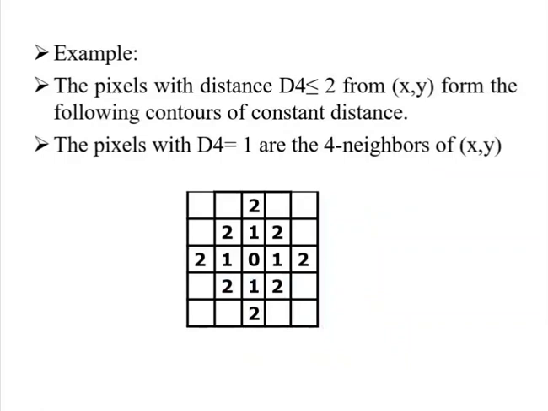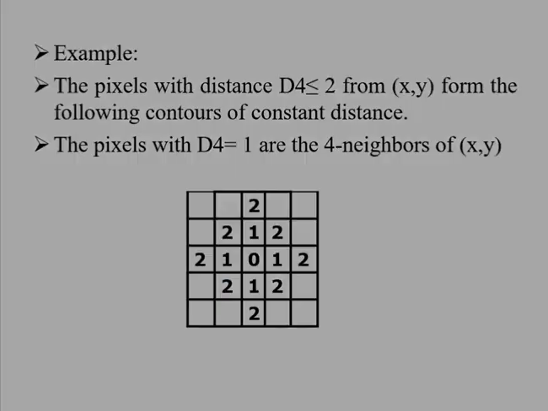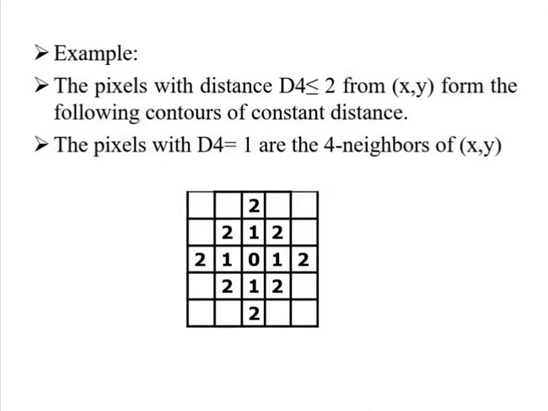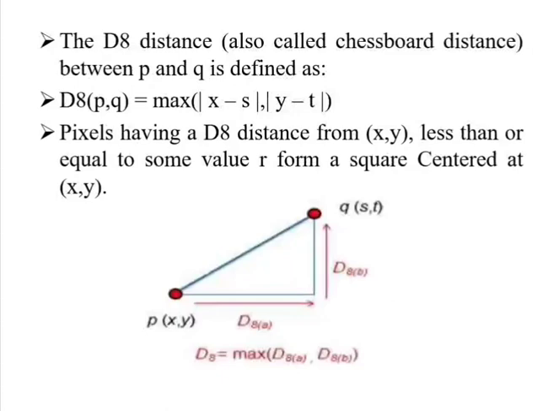The figure shows this. Note that the D4 and D8 distances between P and Q are independent of any path that might exist between the points, because these distances involve only the coordinates of the points.